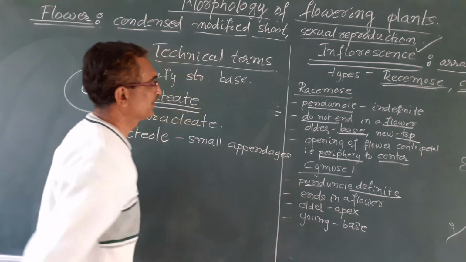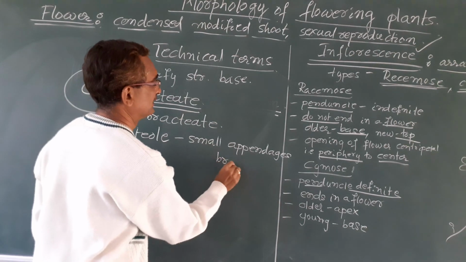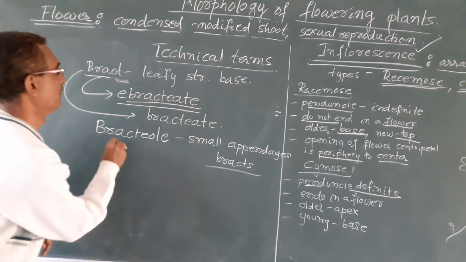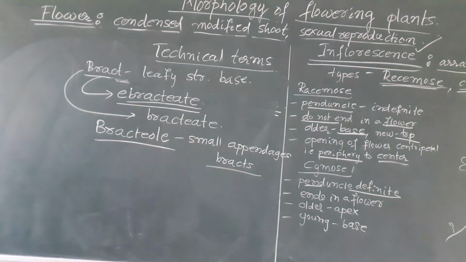Small structures which are present above the bracts, they are called a bracteole. And the flowers which are having this bracteole are called bracteolate flowers.